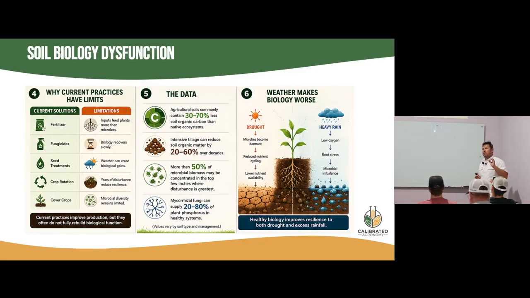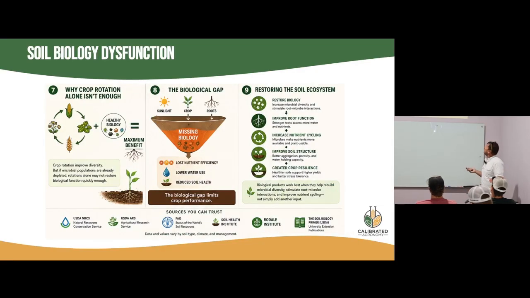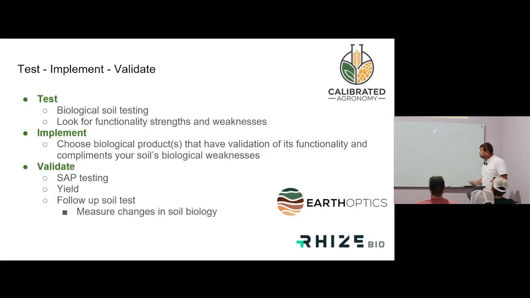The better job we do at managing our farm's environment, our physical attributes, our compaction, our oxygen and water in our soil, the better the soil biological system is. But there's lots of ways to restore it: different crop rotations, cover crops, managing compaction, managing drainage, which is the big one that everybody seems to forget, at least in my area. The better job I do with drainage, the better my soil biology is.